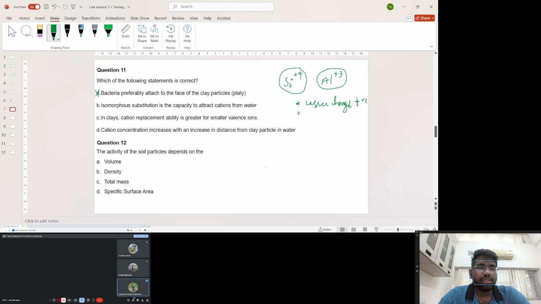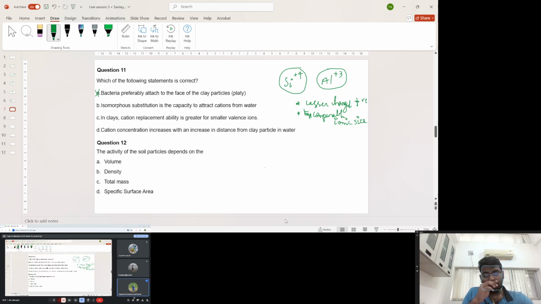And second condition is equal or comparable ionic size. So when a substitution occurs under these two conditions, we term this as isomorphous substitution. All right. Any doubts?